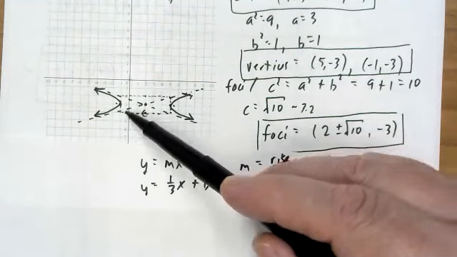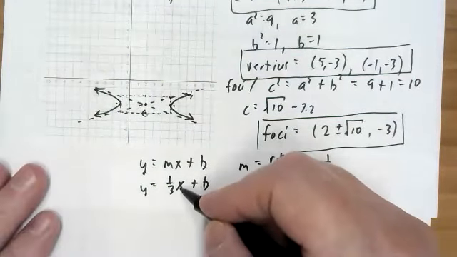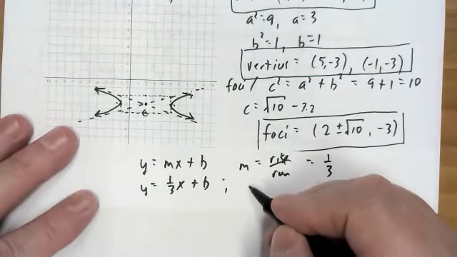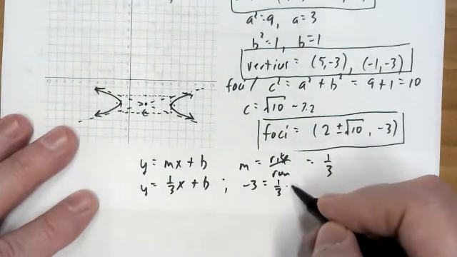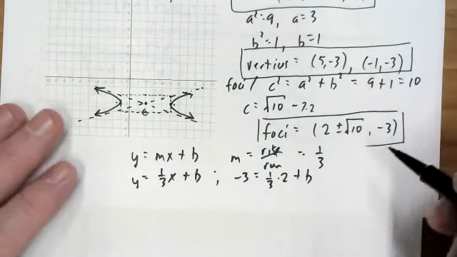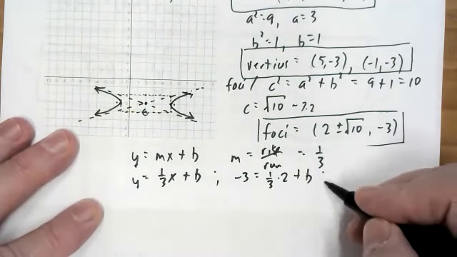The center is 2, -3. So I'll plug in 2 for x, -3 for y. And this gives me a way to calculate what b should be. So this is 2/3. I got to subtract.